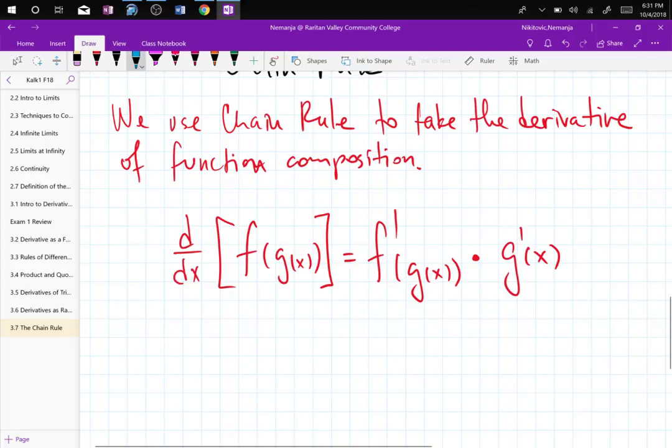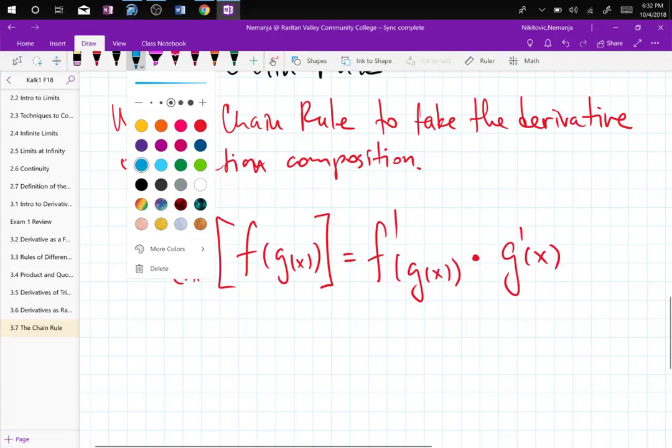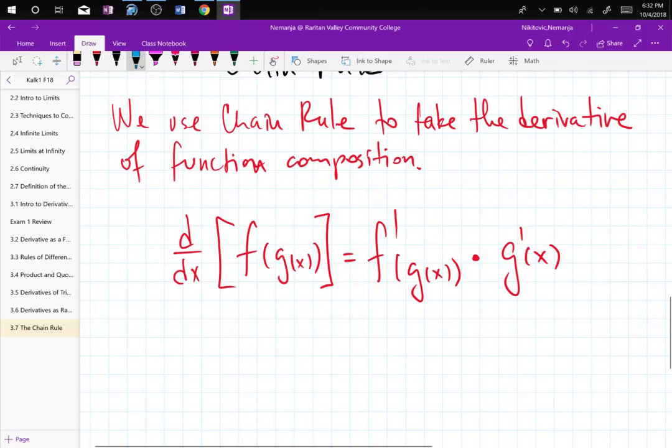And then there is one more version for chain rule that might make more sense. And this version will include different notation.